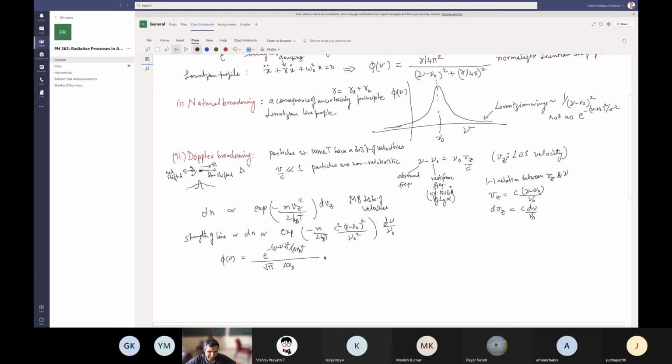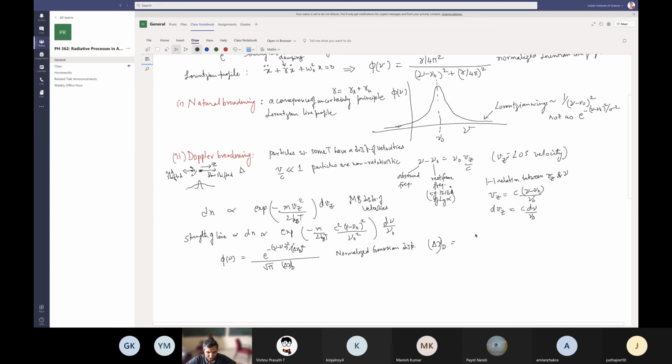Right? This is a normalized Gaussian distribution, or a Gaussian line profile, where delta nu D is equal to, we can just read off, right?